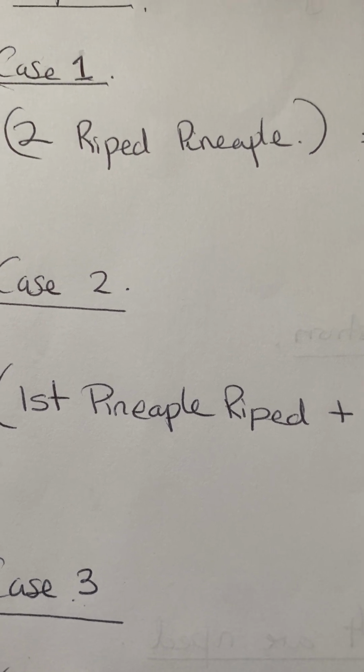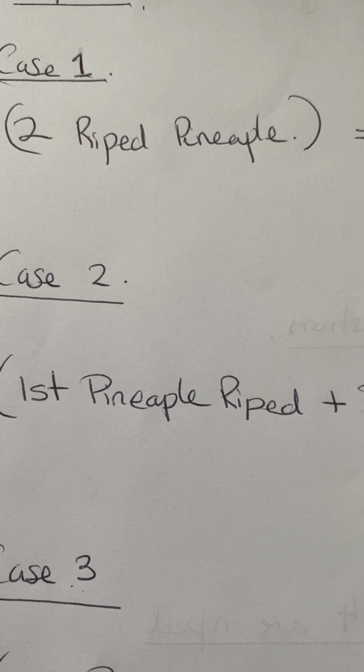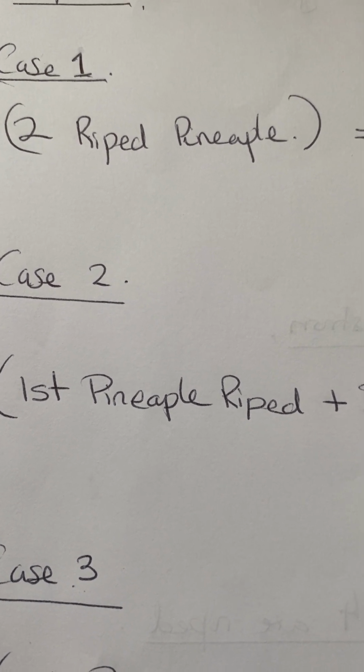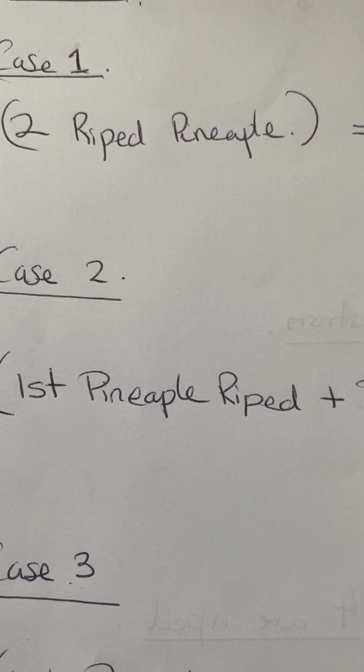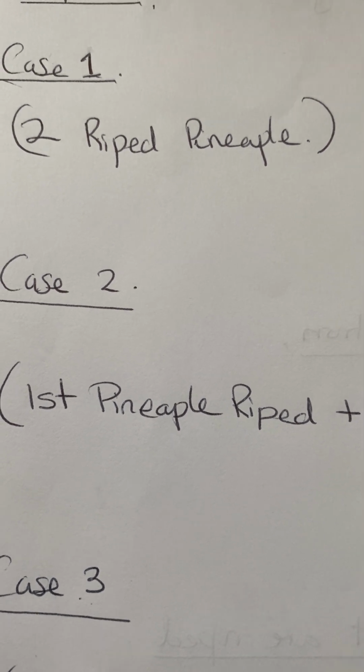And it can push you to another grade boundary. This will be the difference from a D to a C, or a C to a B, or from a B to an A, or from an A to an A star.